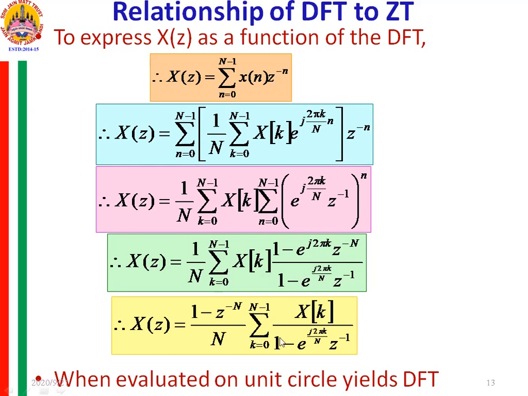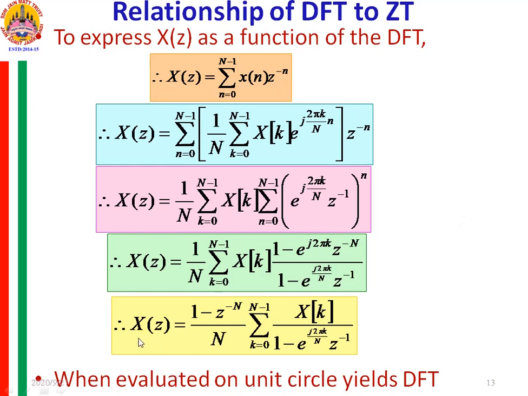When the z transform is evaluated on the unit circle, it will give you the DFT. So if you have X(z), and if you evaluate it at the unit circle and replace z with e raised to j 2 pi k by capital N, you get DFT coefficients from X(z) by simply varying k from 0 to N minus 1 in the expression.